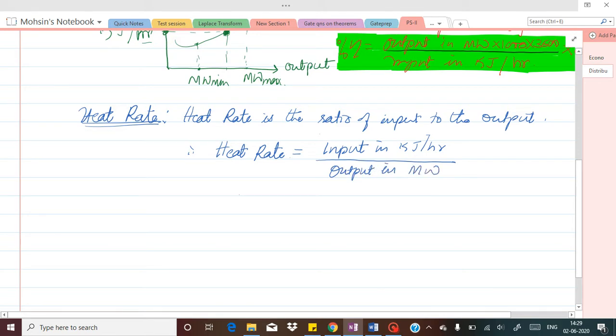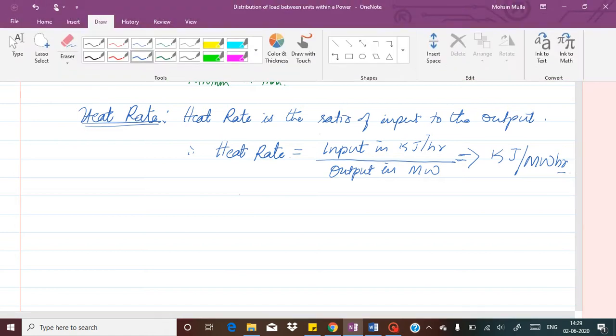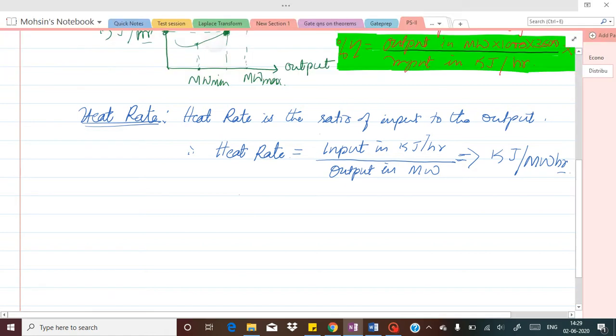Taking the units totally, hour goes to the denominator, so heat rate is usually given as kilojoule per megawatt hour. This is also a very important expression which needs to be remembered.